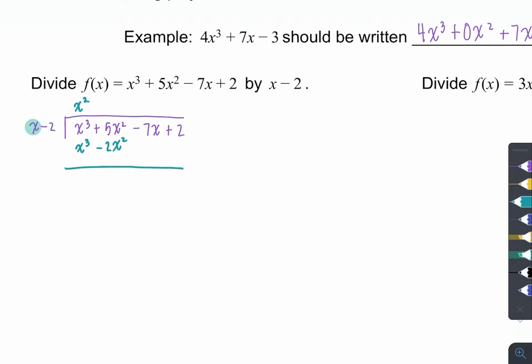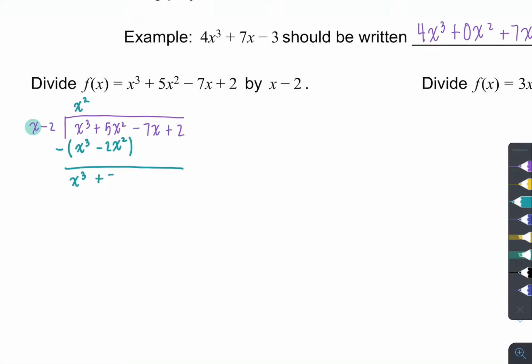All right, the next part is we are going to subtract. Now subtraction is the same thing as adding a negative. So when we subtract, we have to make sure that we distribute that negative all the way through. So we get x to the third, 5 minus negative is plus.